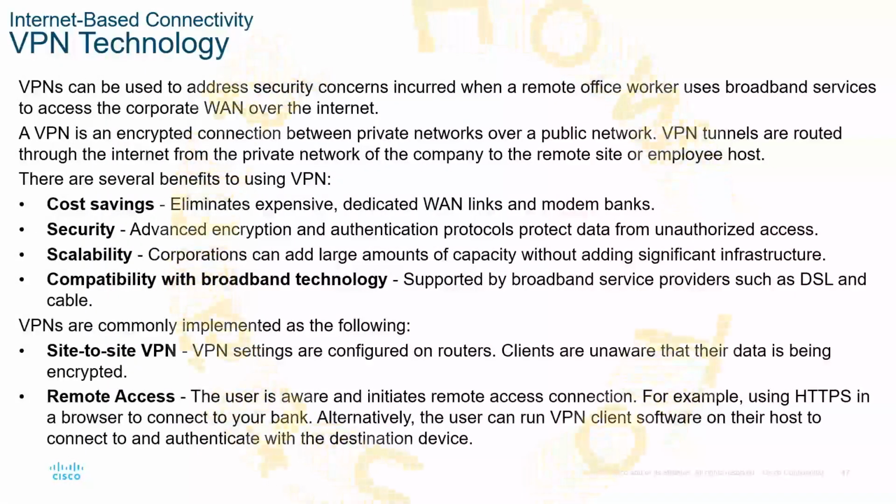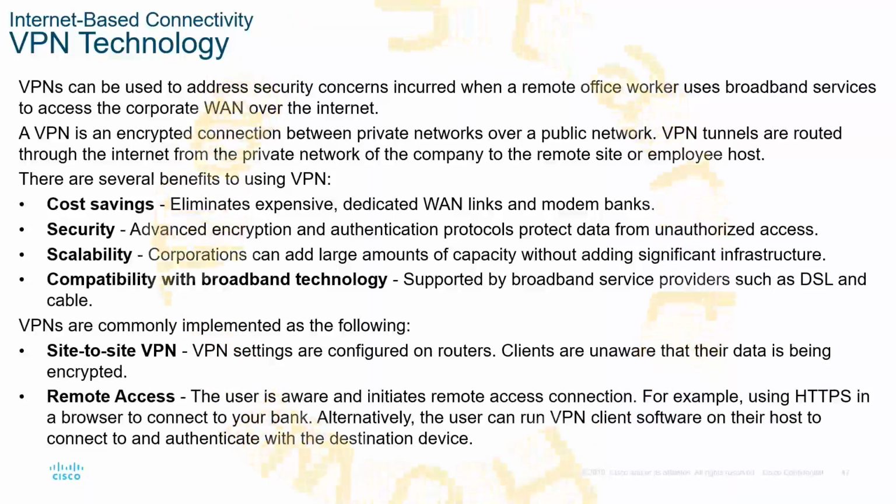All of this helps to build our VPN-based technologies. VPNs provide cost savings, security, scalability, and is pretty much compliant with any layer 2 or layer 1 based technology. Two main types of VPNs, site-to-site and remote access.